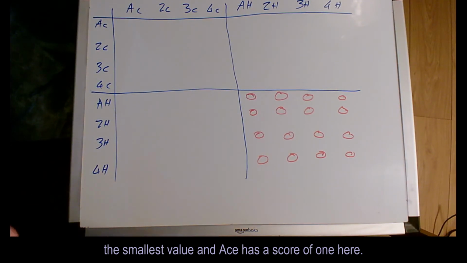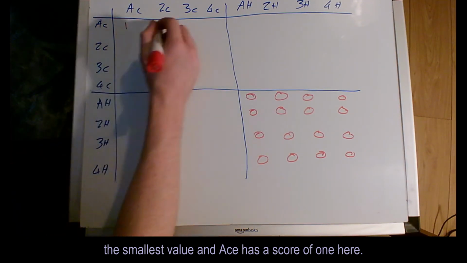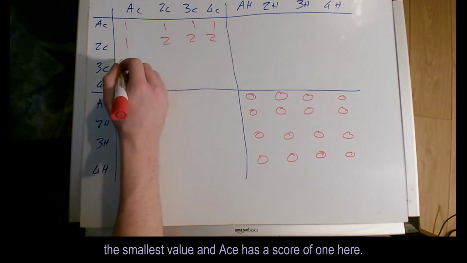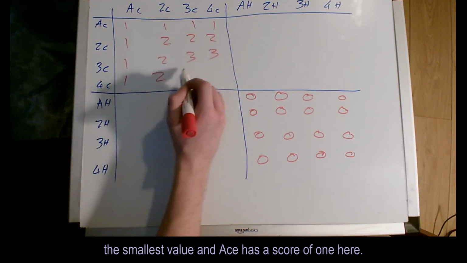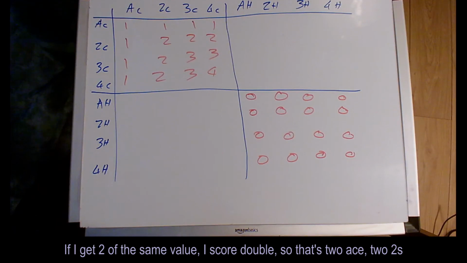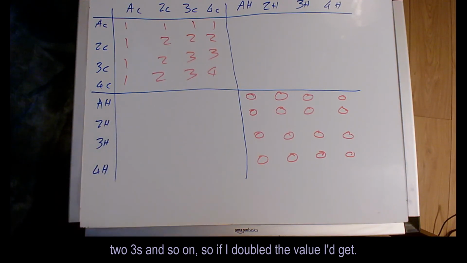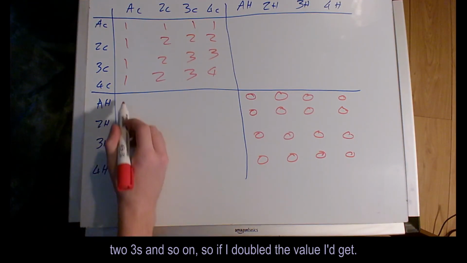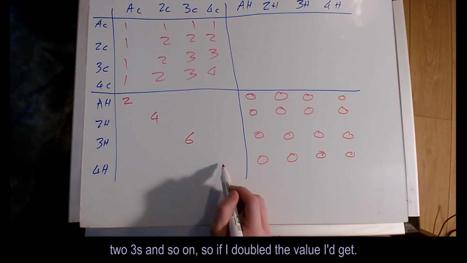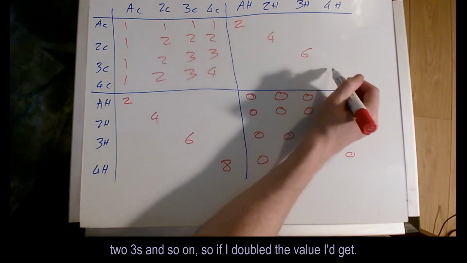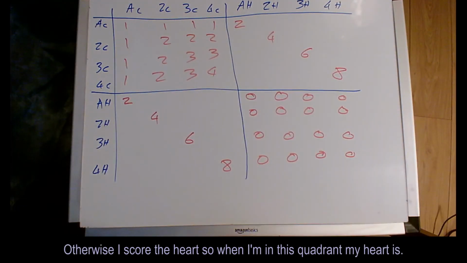An ace has a score of 1 here. If I get 2 of the same value, I score double. So that's 2 aces, 2 2s, 2 3s, and so on. So if I double the value, I'd get. Otherwise, I score the heart.